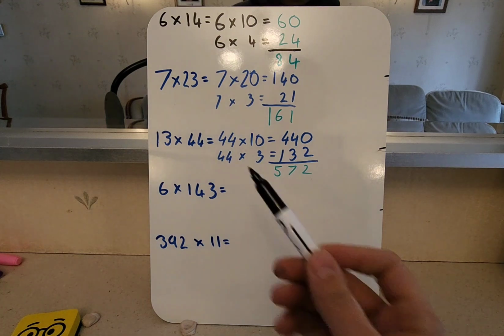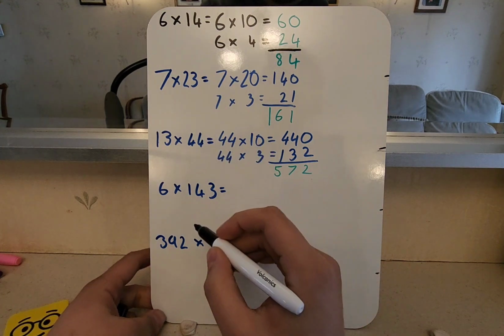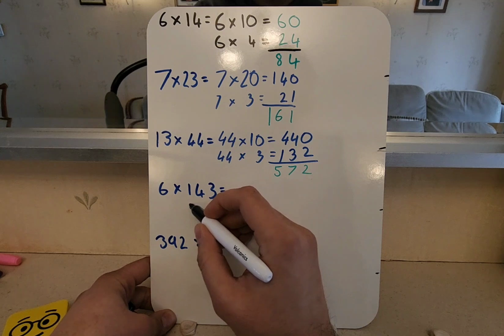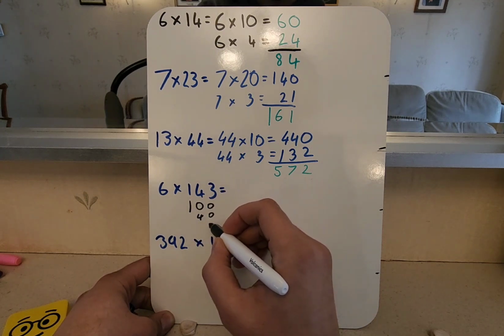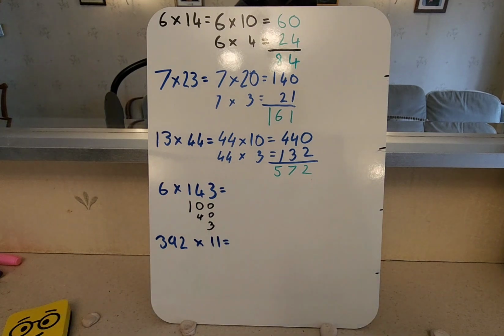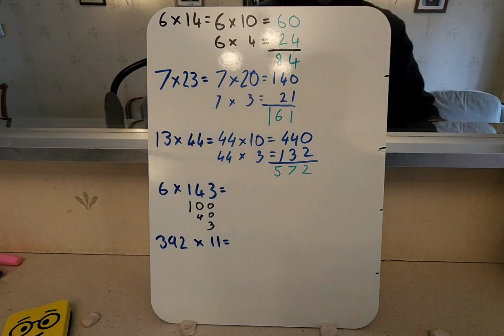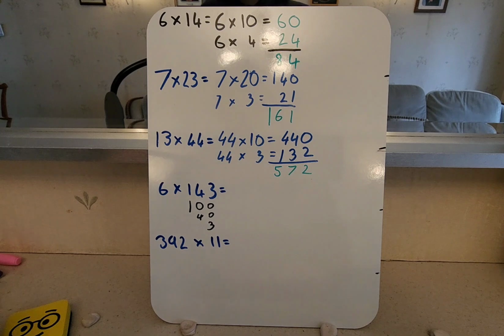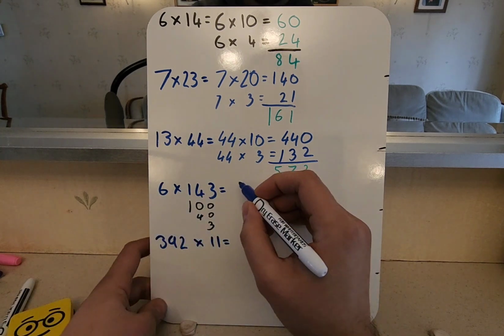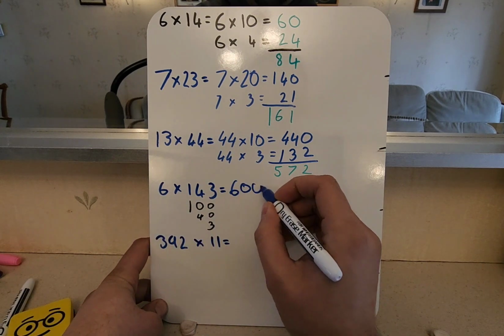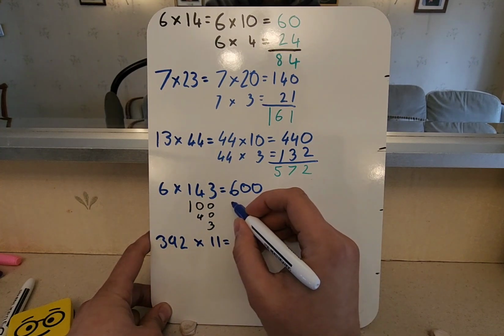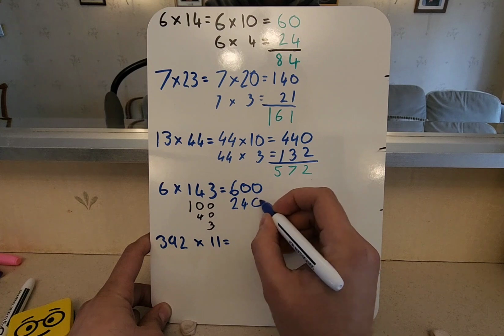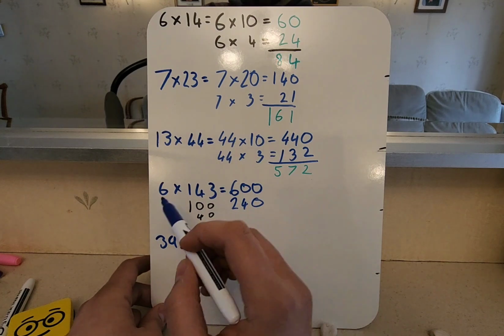Instead of writing in full mathematical sentences like this, what we can go ahead and do is look at 143 and break it down: 140 and 3. Now, we can do 6 times 100 is 600. 6 times 40, well, 6 times 4 is 24, so we put the 0 at the end, 240.